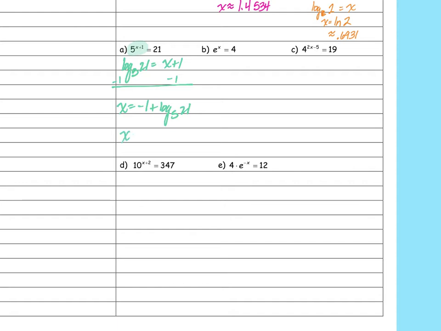And so x is approximately going to equal 0.8917. Okay, number 2, log base e of 4 equals x. So x is going to equal the natural log of 4, which approximately equals, this is b, 1.3863.